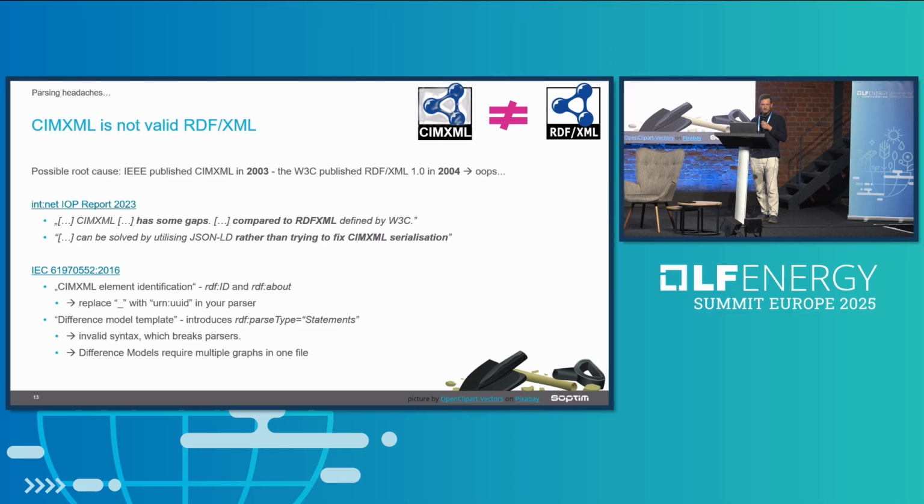And there is an interoperability report around CGMES. The version from 2023 states, SimXML has some gaps compared to RDF XML. It can be solved by using JSON-LD rather than trying to fix SimXML serialization. Okay.